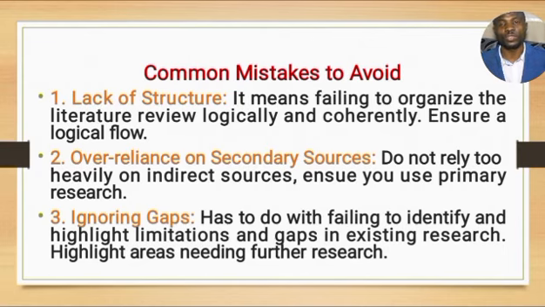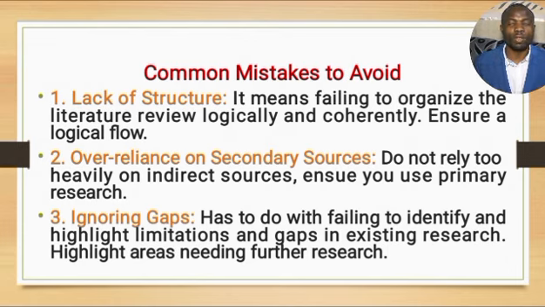Next, we are going to look at some common mistakes in writing your literature review. Now, one of these aspects is lack of structure. Lack of structure is one aspect that makes your literature review unorganized. So, your literature review is supposed to be well organized, structural. It has to follow a definite structure.